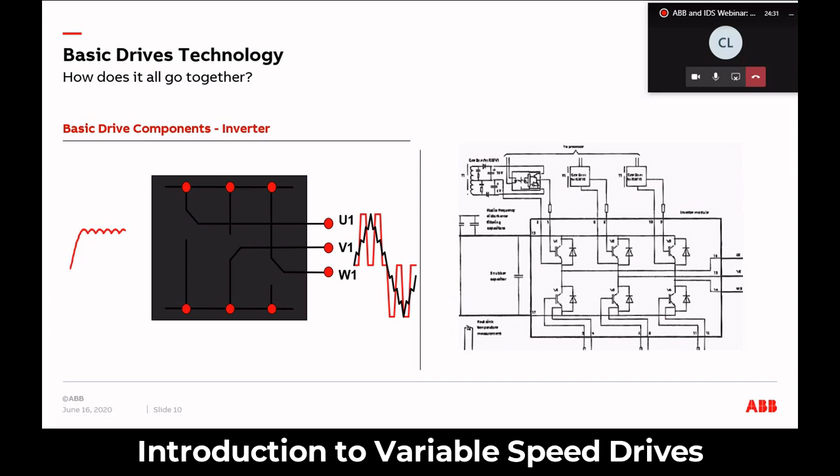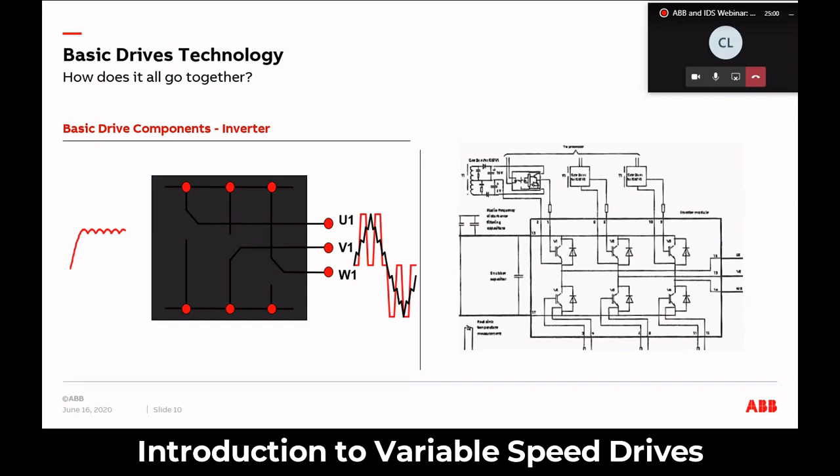The best way to think of these IGBTs is as switches. The drive itself will have some form of control microelectronics with a microchip controller, where depending on what you set the speed or frequency to, and what control method you're using, that will control the timing of when these IGBTs, or switches, will open and close.